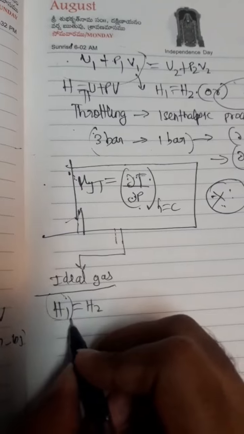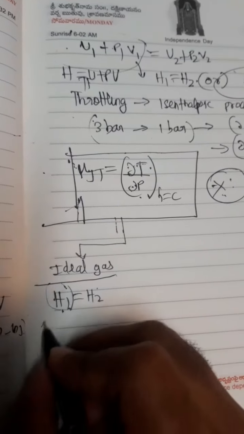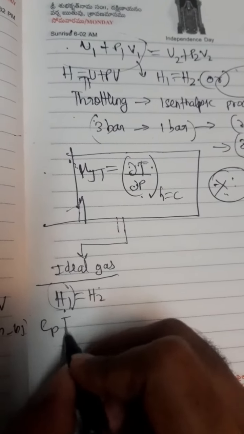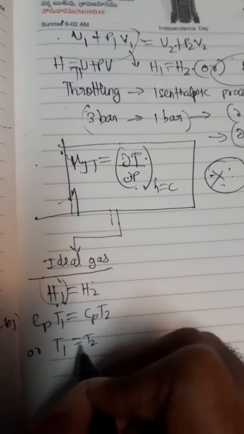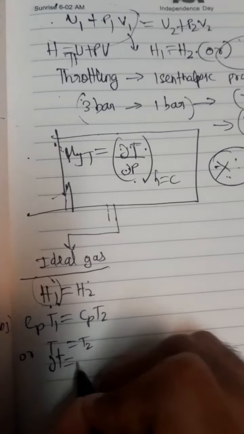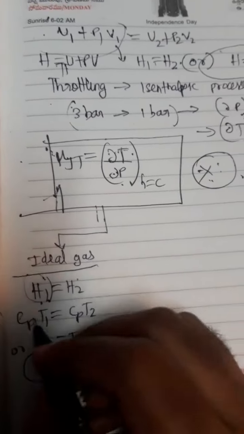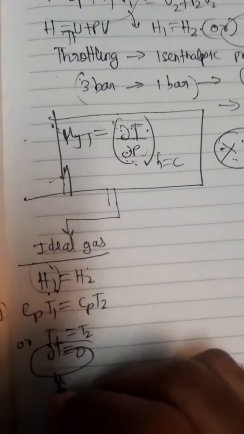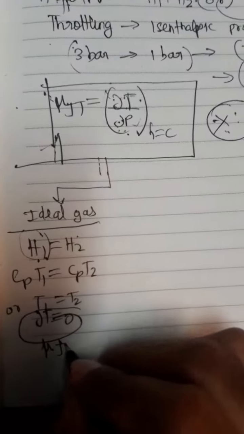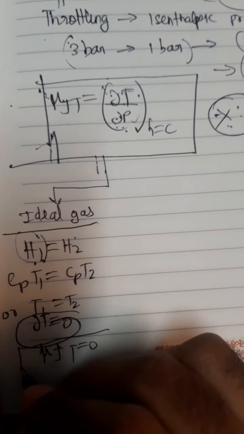For an ideal gas, enthalpy is just a function of temperature. So Cp into T1 is equal to Cp into T2, or T1 is equal to T2. So there is no change in temperature for an ideal gas. So this term, dou T by dou P, is going to be 0. So for an ideal gas, the Joule Thomson coefficient is 0.